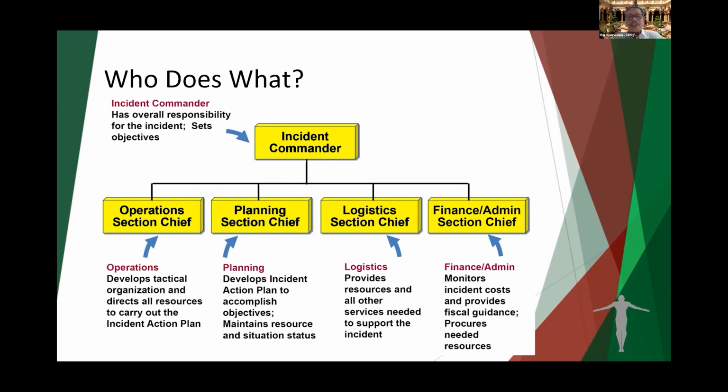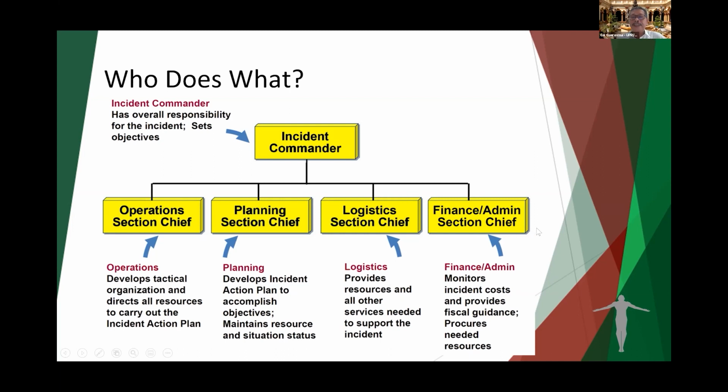The logistics section, on the other hand, provides resources and all other services needed to support the incident. So, for instance, if the incident is very big, it may require several hours. The logistics section will take care of the food, the water, and all other needs of all responding personnel.